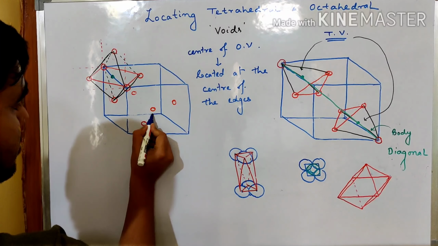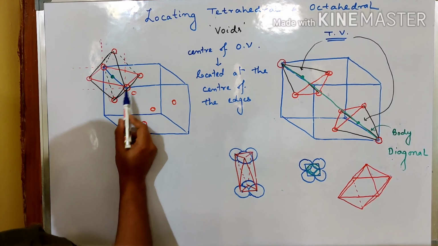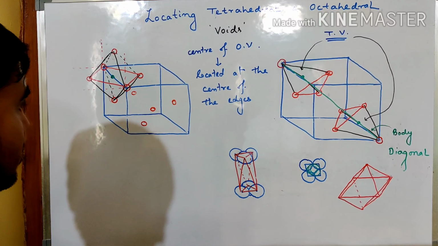These are the 6 atoms. Again, this is the face center, this is another face center, this is already taken, these two. This is the face which is behind, this is the face which is towards us.